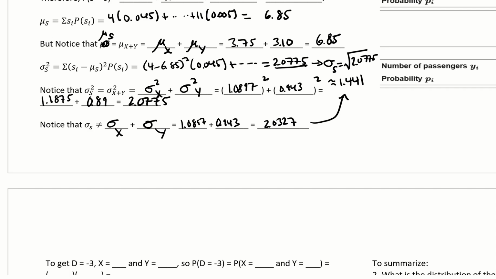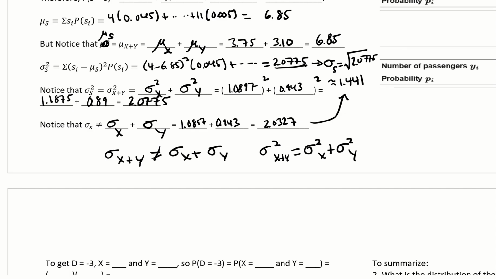No, right? They're not the same. So the standard deviation, you can't just add. So basically, if I do this, that is not the same as sigma x plus sigma y. We can see that. However, if I square it, it is, right? So if I do this, this is equal to sigma squared x plus sigma squared y, okay? That is true, but the non-squared version, I can't just add them.